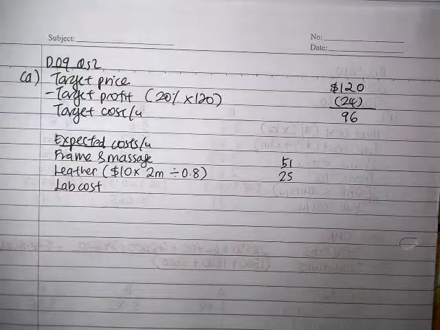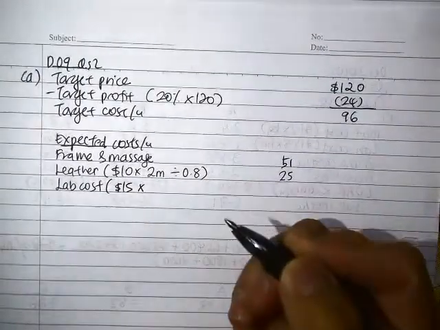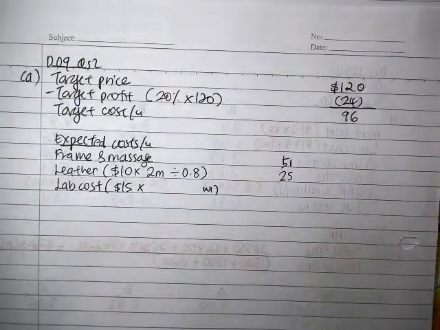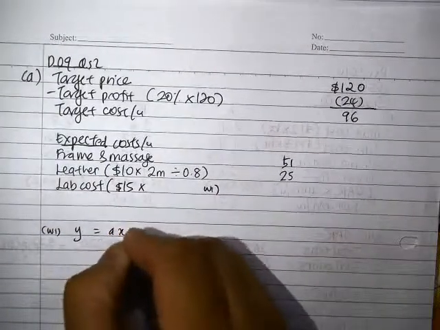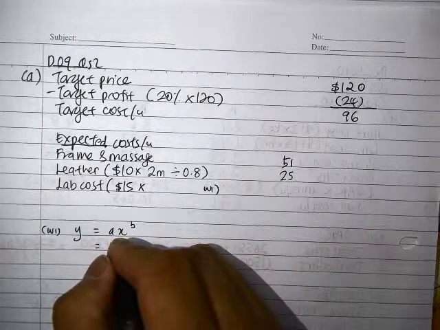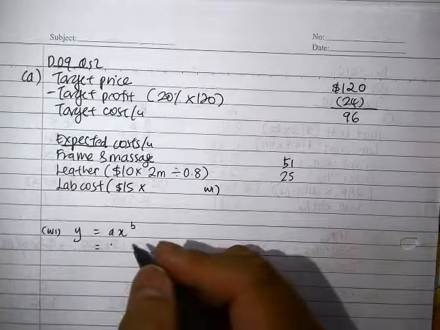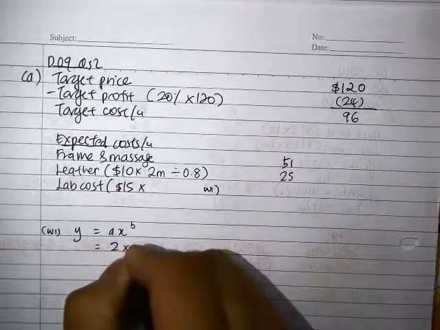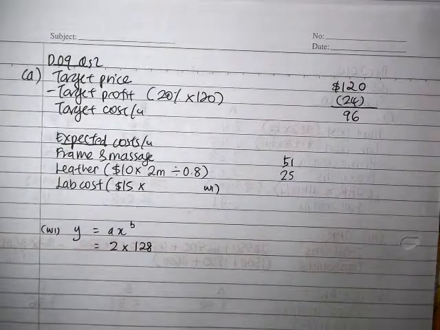What is Y? Okay. So the labor rate is $15. Now Y equals AX to the power of B. A will be how many hours for the first unit? They mentioned 2 hours. So if you want to find the average for 128, then X is 128.